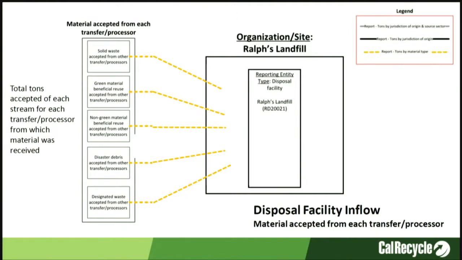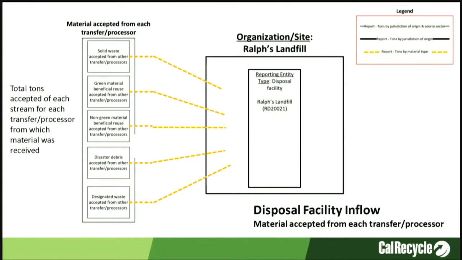Because transfer processors report prior to disposal facilities, we're expecting that transfer processors will have already submitted their reports by the time the disposal facility opens theirs. So when the disposal facility opens theirs, they're going to see that, for instance, this transfer processor reported sending them 5 different streams of material, and they can accept or modify those incoming tonnages.